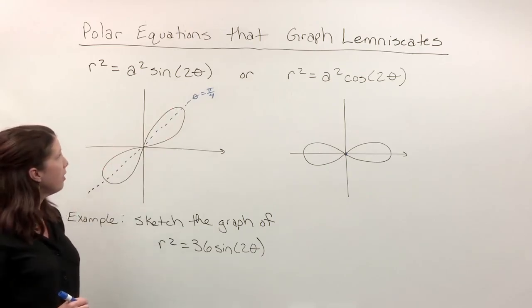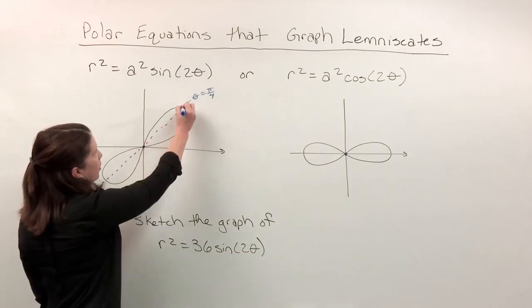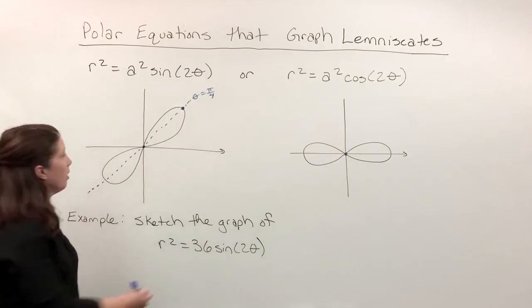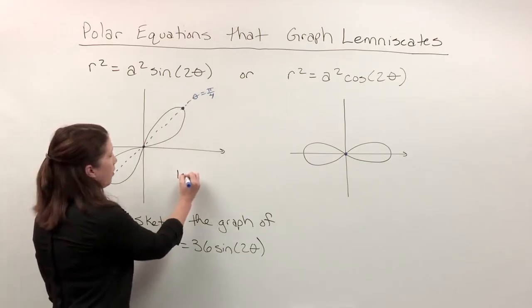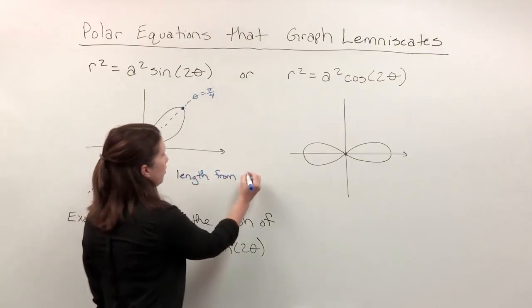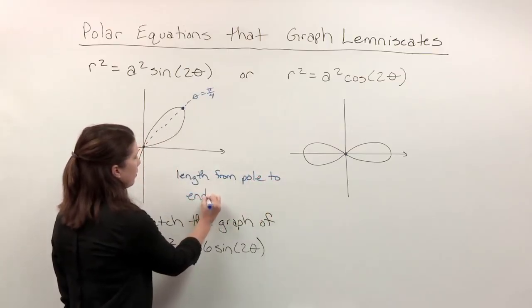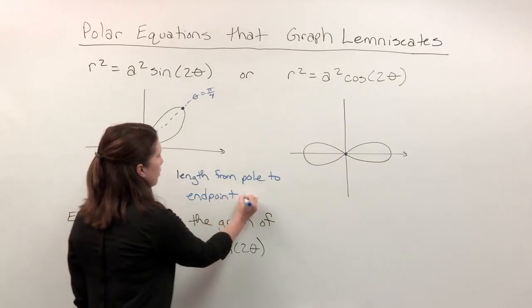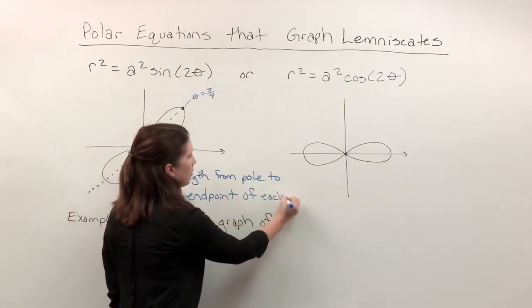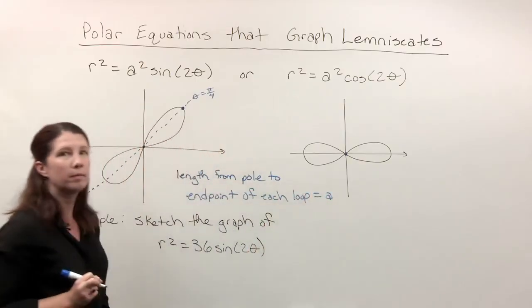Additionally, I could find the length from the pole to the end point of each loop, which is equal to the value of a.